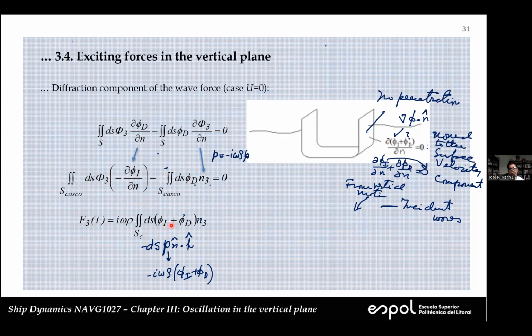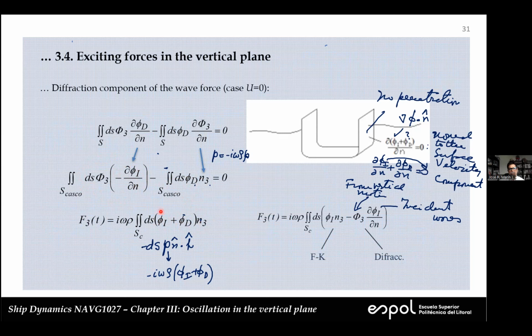So S3, considering both components, the incident waves and phi sub d. Remember, basically the first is the Froude-Krylov component, and this is the one that we're trying to determine. So we have phi d, and part of it is going to be replaced by this thing. What do we know already?